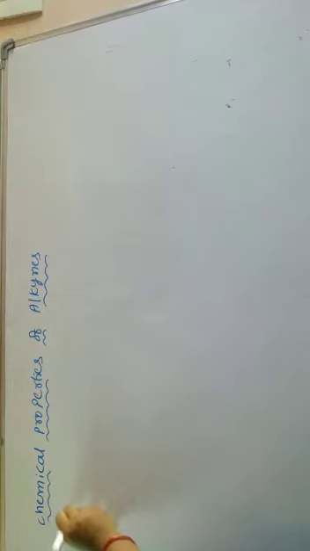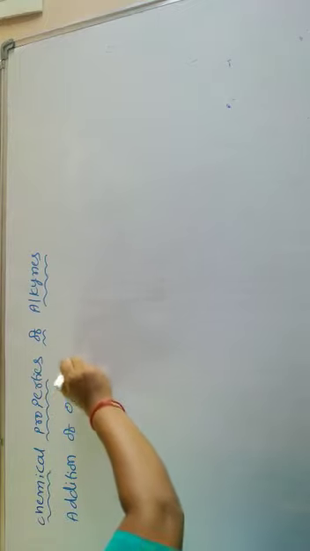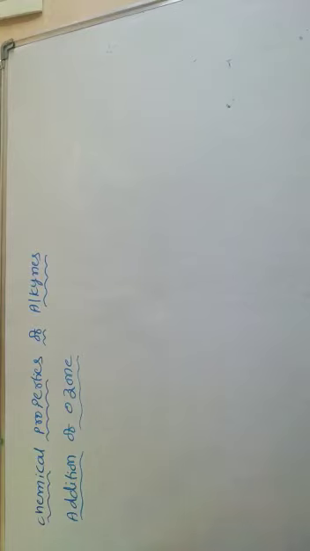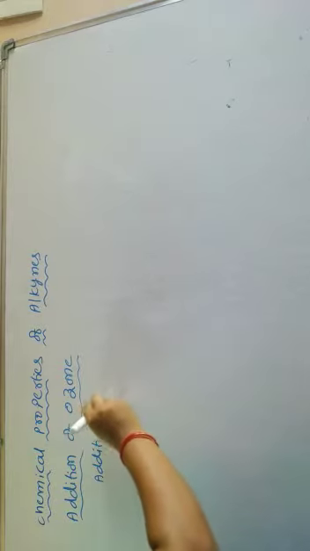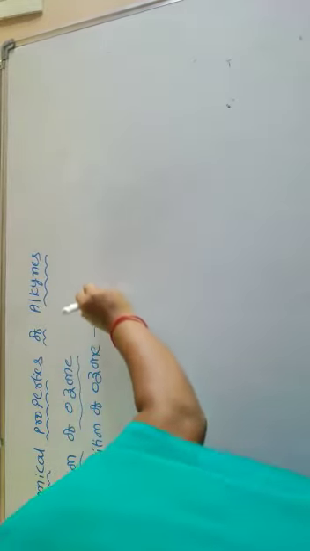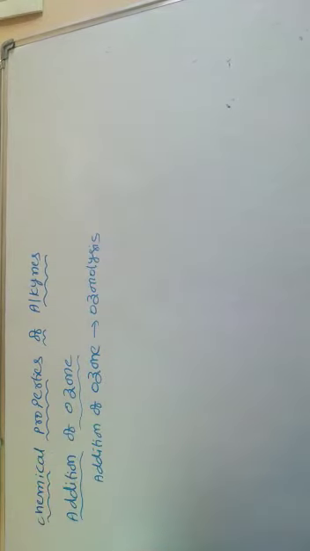The second property is the addition of ozone. The addition of ozone is called ozonolysis. In alkenes, I have discussed ozonolysis.